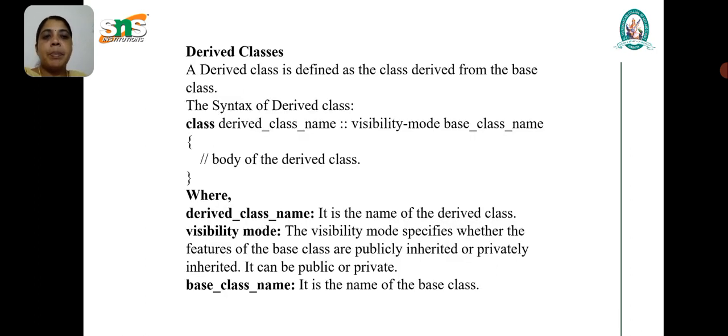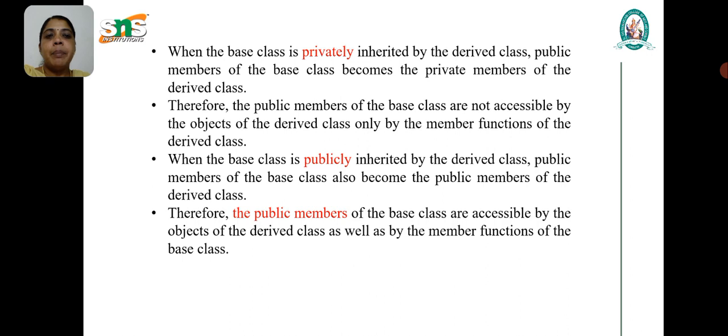This is the example of the derived class: class derived, the class name, and we use the scope access operator to access functions and data. Then privately or publicly we can access the variable.